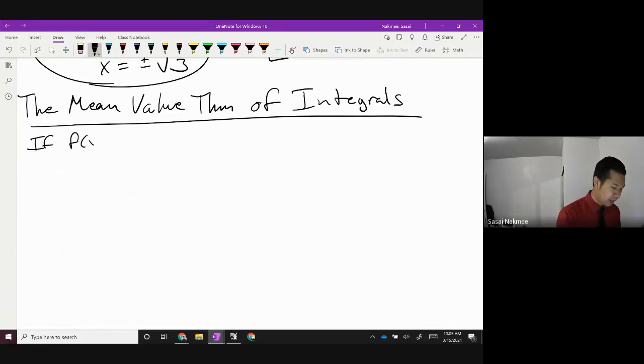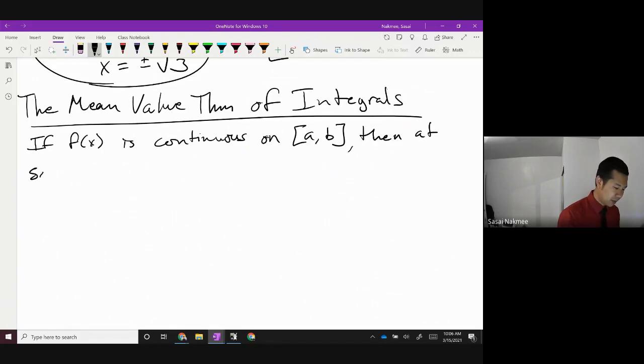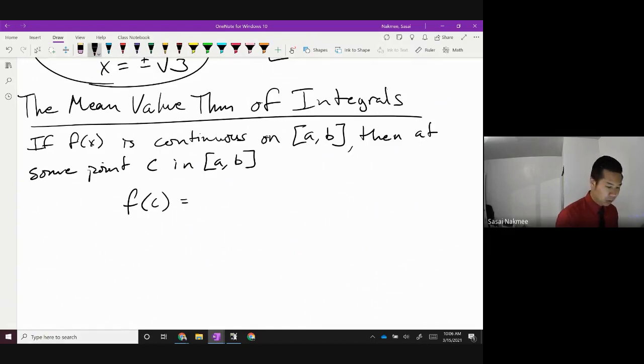If f of x is continuous on a to b, then at some point c in a to b, f of c should equal 1 over b minus a times the integral from a to b of f of x dx.